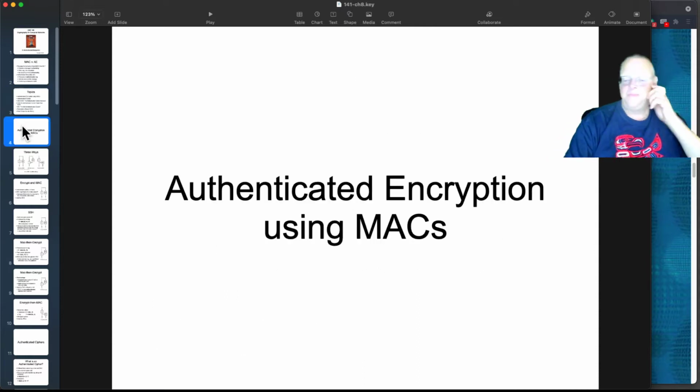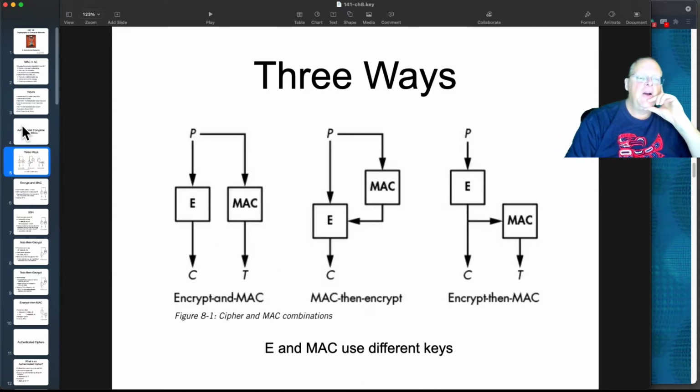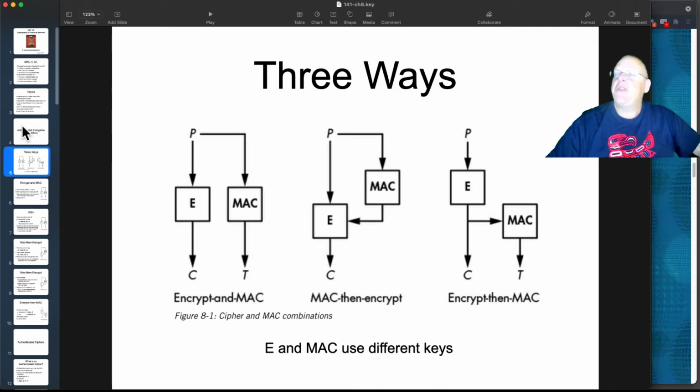Anyway, so, all right, so a MAC. If you want to make a message authentication code, just a tag to attach to your message, one way to do it is take your plain text and encrypt it, and then take your plain text and calculate a MAC, and then send those two. That's encrypt and MAC separately. So now you have a ciphertext and a tag, which can be used to verify the ciphertext has not been altered and identify the sender.